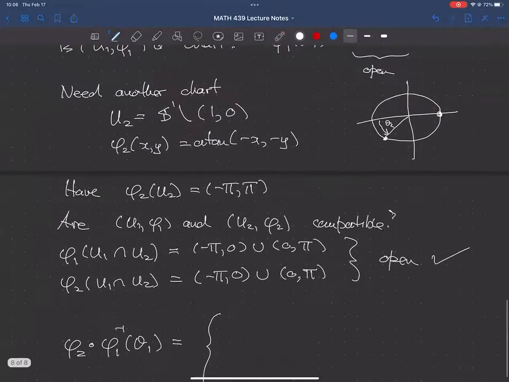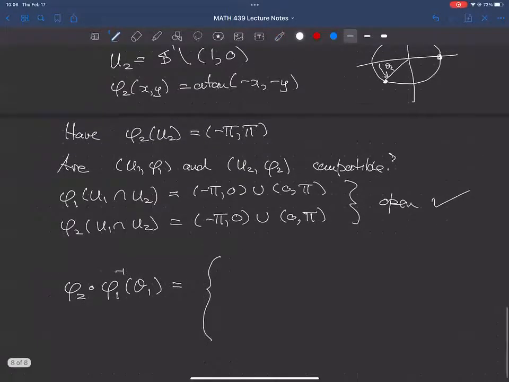All right, so let's first look at what's happening down here when theta 1 is between minus pi and 0.